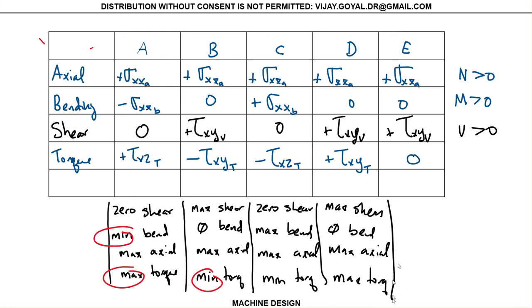Note that this can never be critical. Never. Why? You can see I don't have any of the moments. This is the only point that doesn't have any moments associated, so it's not even worth checking. It has zero torque, zero bending, maximum shear, and maximum axial load, but doesn't really say much.